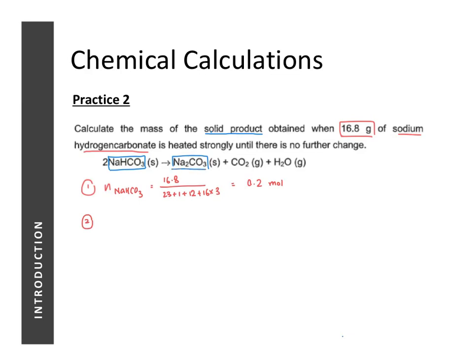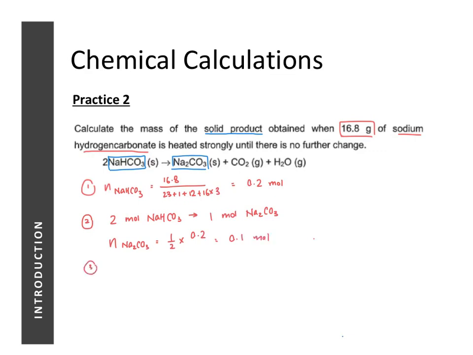So what does the mole ratio look like? It looks like this: 2 moles of sodium hydrogen carbonate will produce 1 mole of sodium carbonate. So the number of moles of sodium carbonate will be equal to half times 0.2, which is 0.1 moles. This is step number 2.